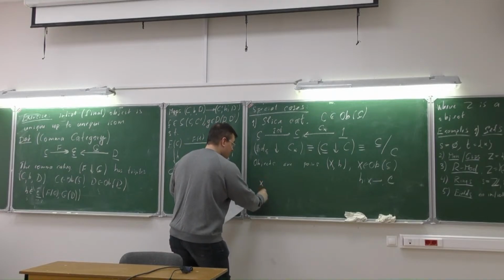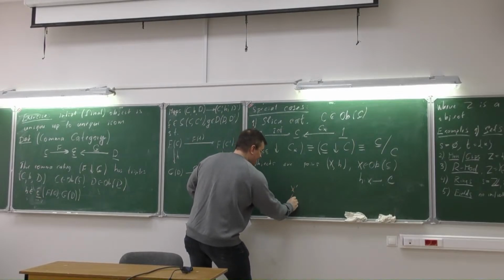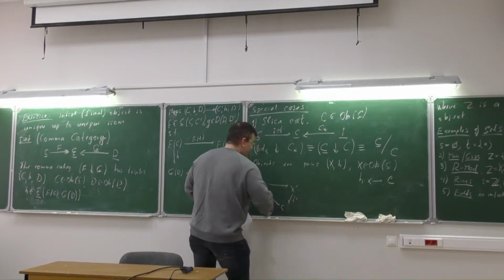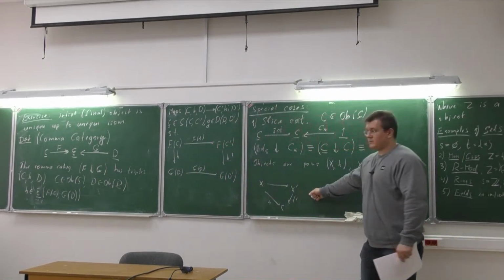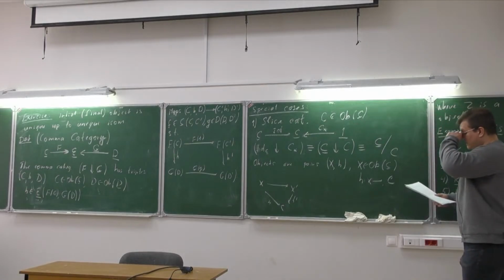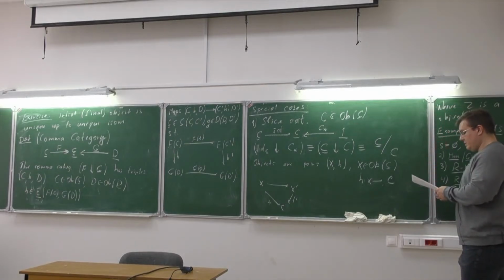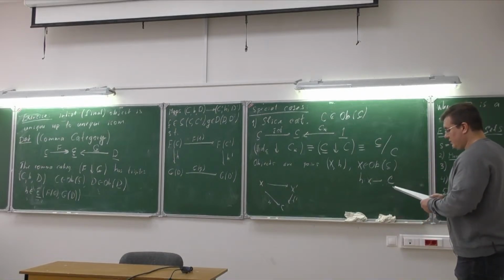You have x, h to C, and x prime, h prime to C, and then the map is just a map from x to x prime such that this triangle is commutative. So indeed you can see this is a special case, and you probably already know some examples of such slice categories. So can you give me an example?